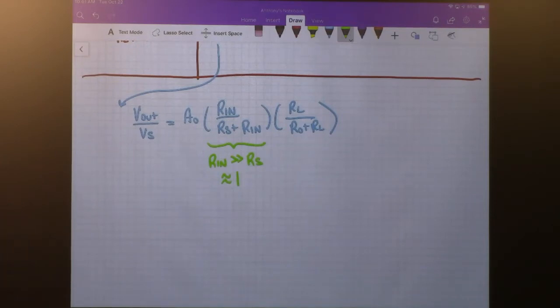Over here, if we have a relationship where RL is significantly greater than RO, then again it simplifies down to 1, and what we will get is this is equal to AO. And so these are the two rules that we can use when we're choosing. These are going to be the guidelines for our impedance matching.